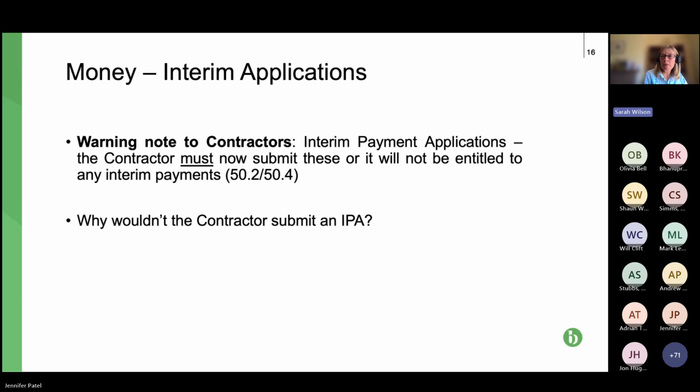So please remember to submit those. It says there, why wouldn't the contractor/subcontractor submit an interim payment application? Well, possibly they might forget, and of course be careful to submit it within the right timescales, because in order to bring a smash and grab adjudication, you must be able to show that your IPA has been submitted within the correct timescales. Next slide, please.